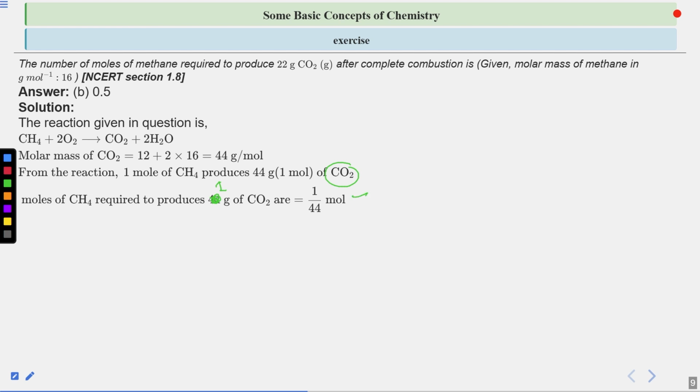It will be simply 1 by 44. I guess this point is clear. So again I am repeating it: if 1 mole of methane is producing 44 gram of CO2, then 1 gram of CO2 will be produced from 1 by 44 mole.